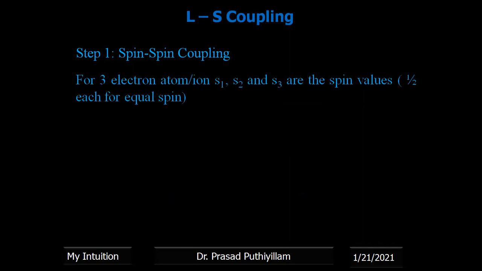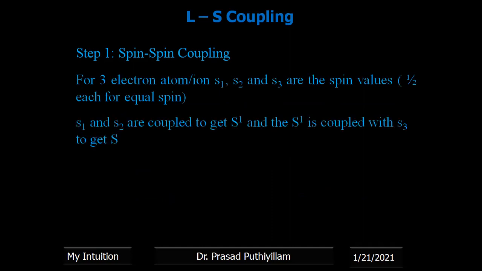If three electrons are present, s1, s2, and s3, with spin values of half each, then s1 and s2 couple to get S dash. Then this S dash couples with s3 to get the final S value. S dash can be calculated in the same way: s1 minus s2 to s1 plus s2, that is 0 and 1 only.